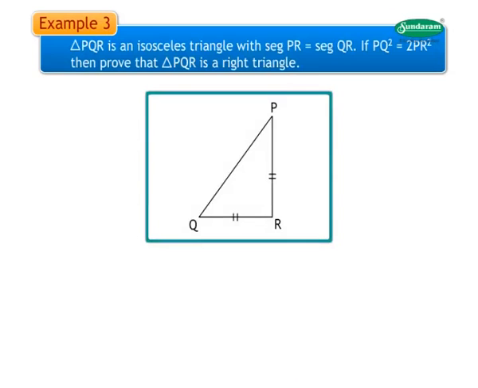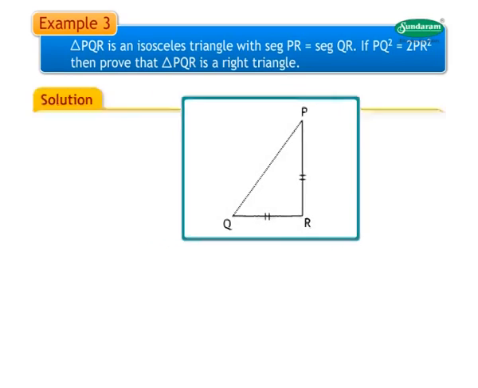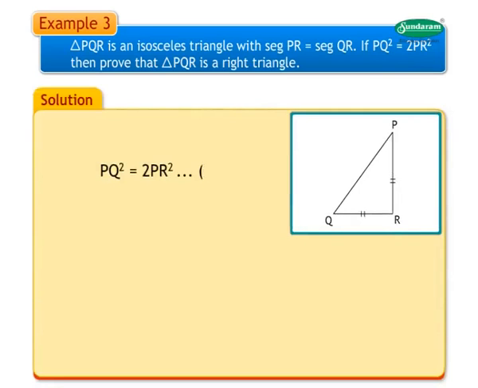Example 3. Triangle PQR is an isosceles triangle with segment PR equal to segment QR. If PQ square is equal to 2PR square, then prove that triangle PQR is a right triangle. Solution. It is given that PQ square is equal to 2PR square is equal to PR square plus PR square.